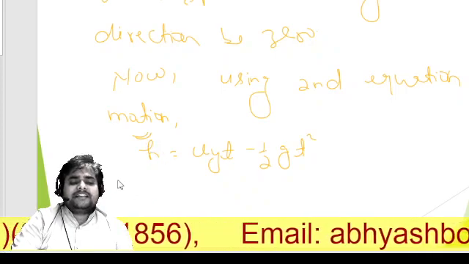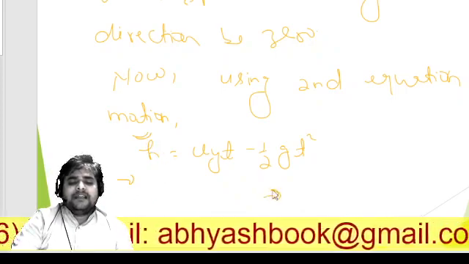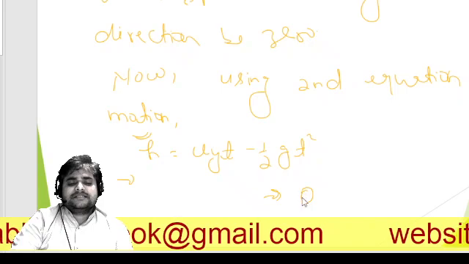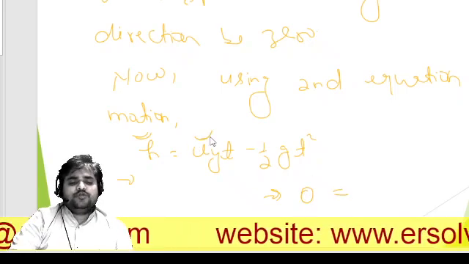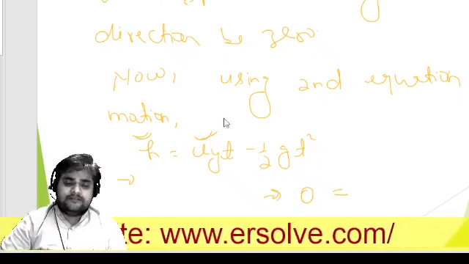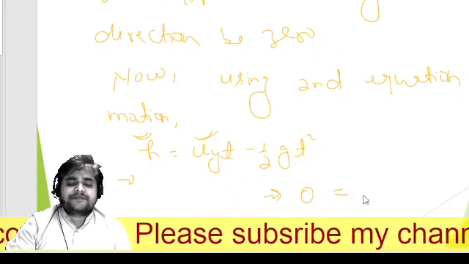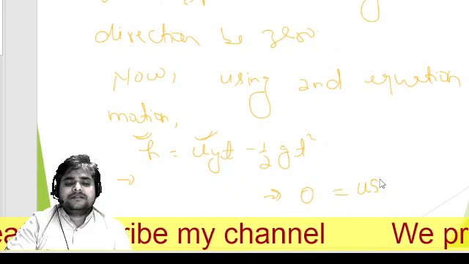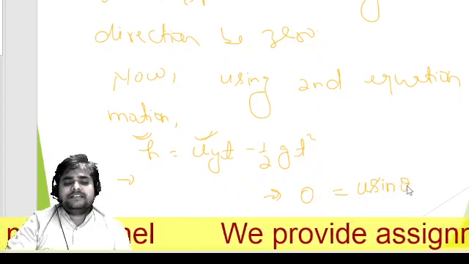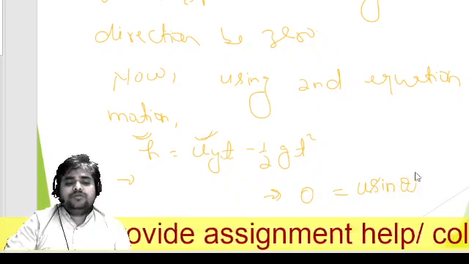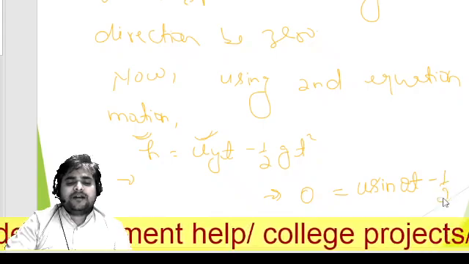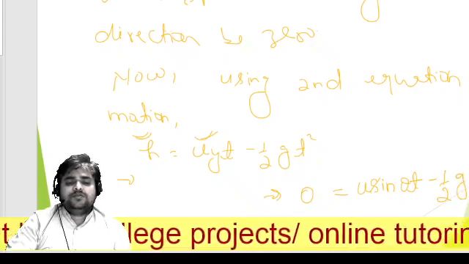Net vertical displacement is 0, and uy, the component of velocity along the vertical direction, is u sin theta, into t minus 1 by 2 g into t square.